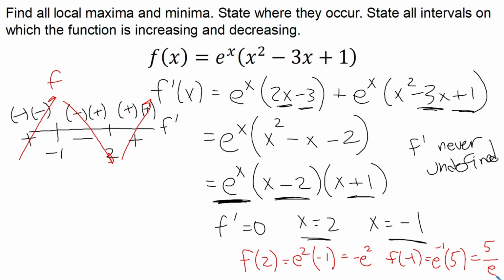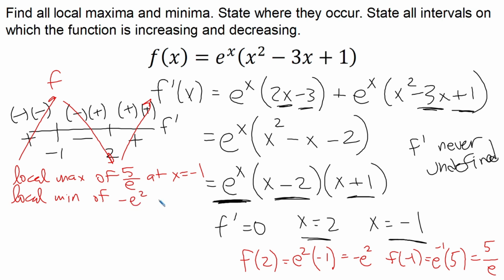So we've got a local max at negative 1, and the value at negative 1 was 5 over e. So a local max of 5 over e at negative 1. We've got a local min of negative e squared at x equals 2.